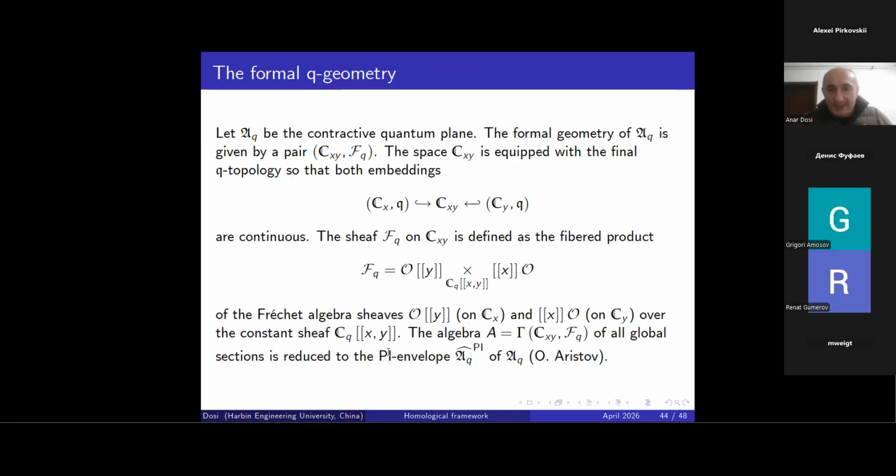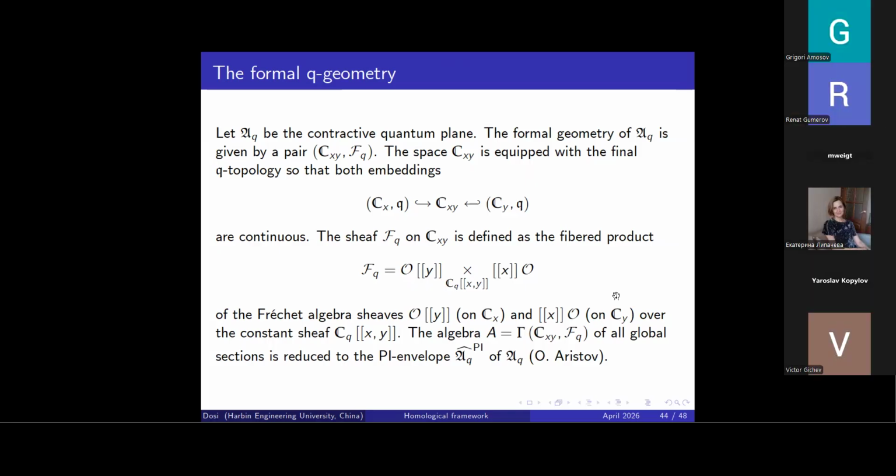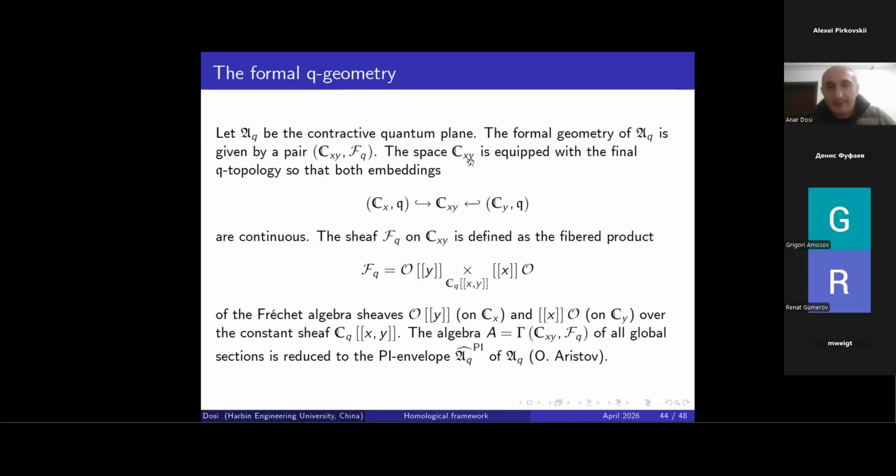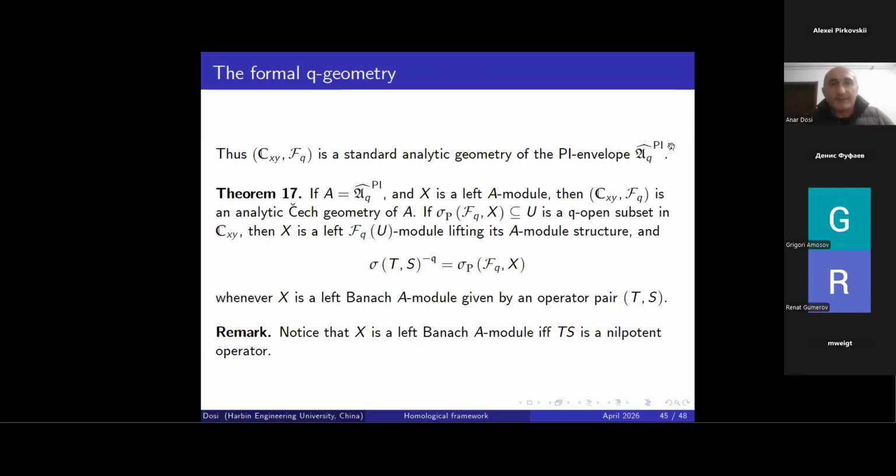Well, in this case, if you take the global sections, this is a sheaf, and the global section is reduced to the pi envelope. Again, this is Alex's work concerning the pi envelope of the contractive quantum plane. Yeah, so in this case, this couple is a standard analytic geometry of the pi envelope.